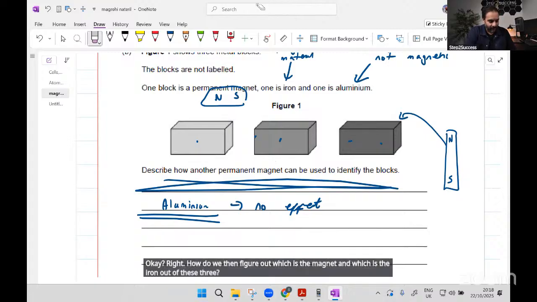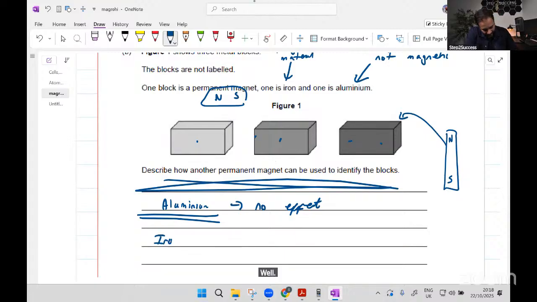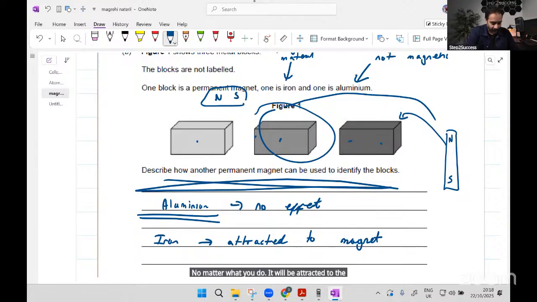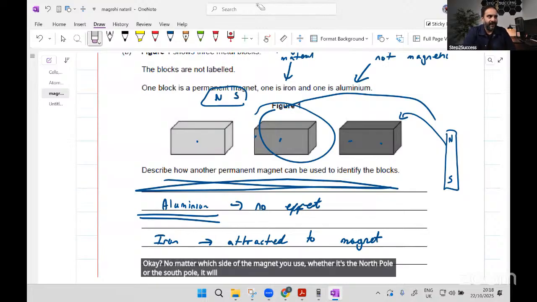How do we then figure out which is the magnet and which is the iron out of these three? Well, iron will always be attracted to the magnet. No matter which side of the magnet you use, whether it's the North Pole or the South Pole, it will always be attracted to it.